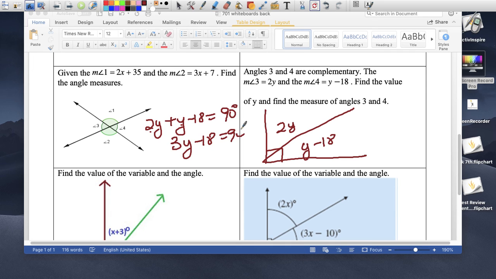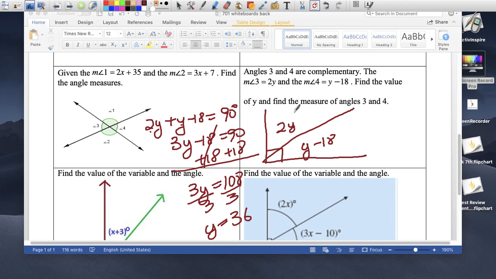Minus 18 equals 90. We're going to do plus 18, plus 18. 3y equals 108. Divide by 3, divide by 3. Y equals 108 divided by 3, which equals 36.